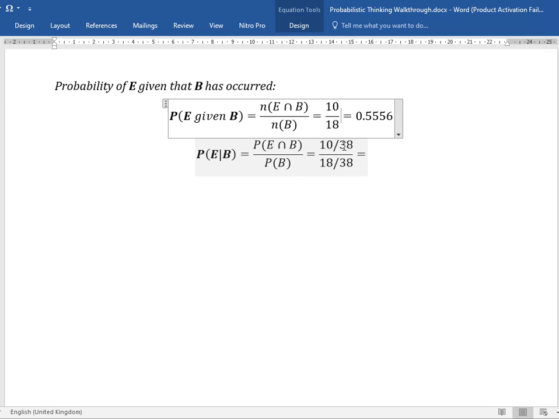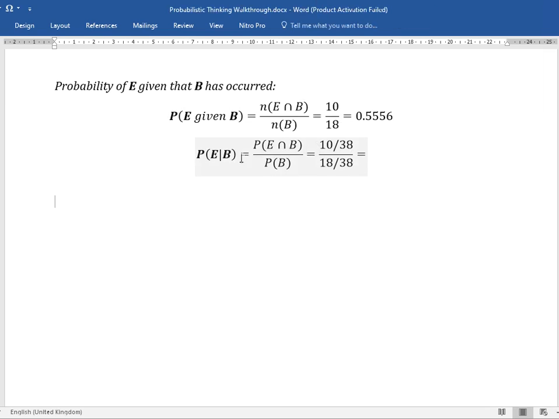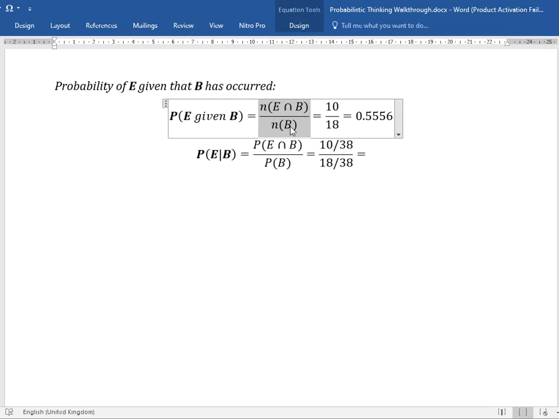The reason we use this formula instead of this formula is so that you will not be confused when we say n of B at the bottom. You already know that when you're calculating probability, whatever you have at the bottom is the sample space. So you may be interpreting this as the original sample space if we use this formula.